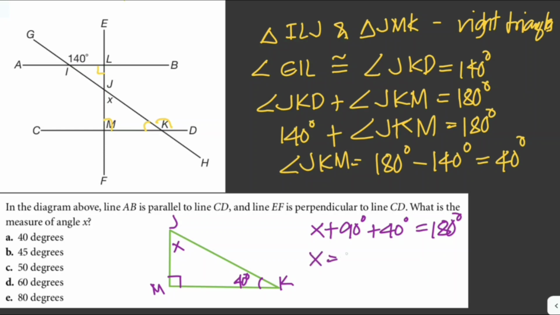So x equals 180 minus 90 minus 40, which is equal to 50 degrees. So the answer here is letter C.